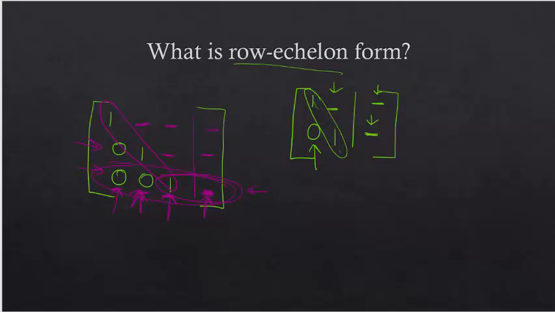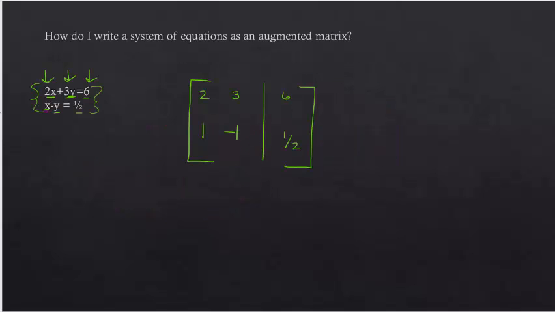Once we know this one, we would plug it into this row to figure out the other variable. And then once we know this one, we can plug both of the variables we know into the first row in order to solve for the third variable. All right, so the main concept to understand right now is that when you have a system of equations, the first step is to write it as an augmented matrix.